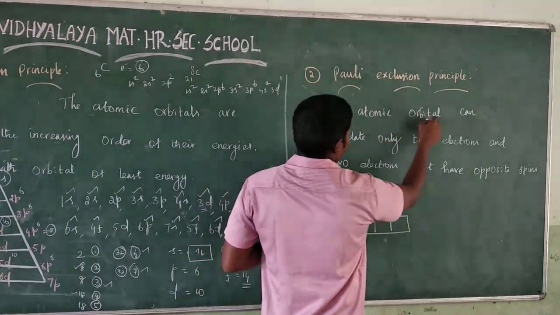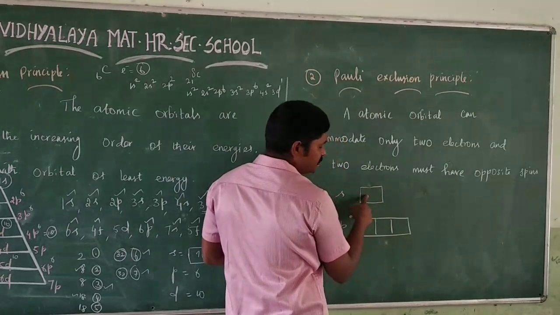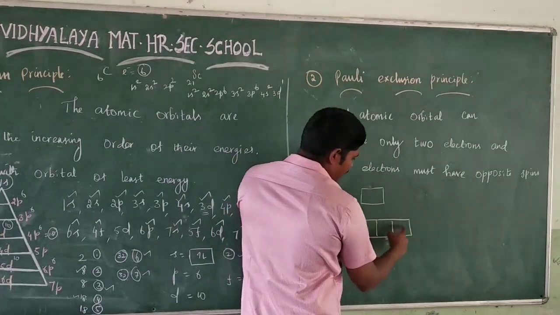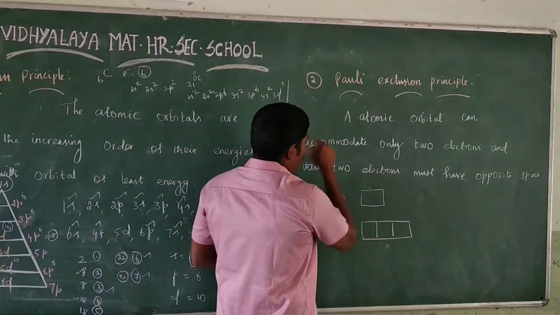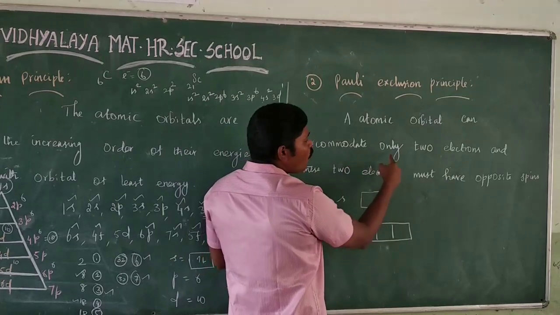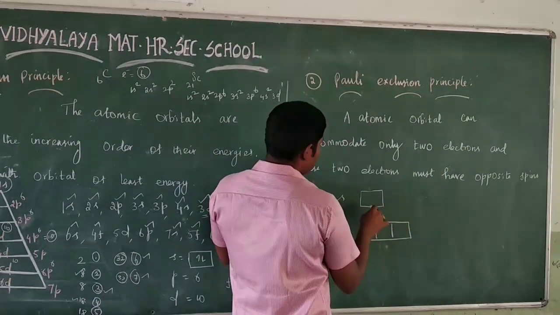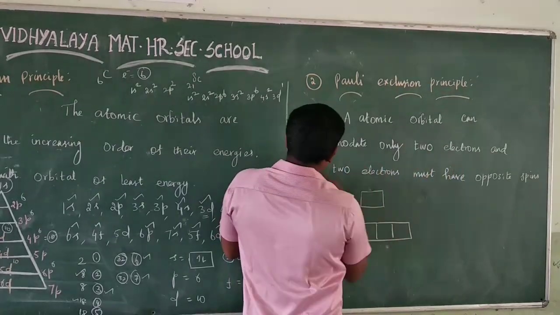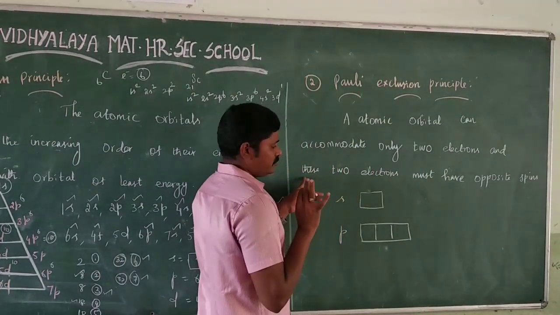The atomic orbitals can accommodate only 2 electrons. So 1 orbital, 3 suborbitals. The atomic orbitals can accommodate only 2 electrons, and these 2 electrons must have opposite spins.